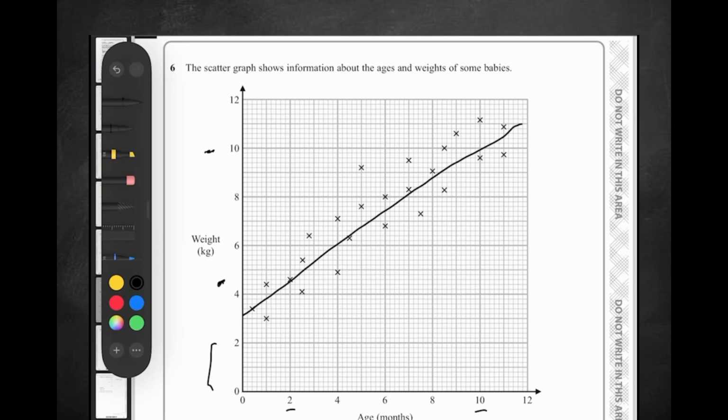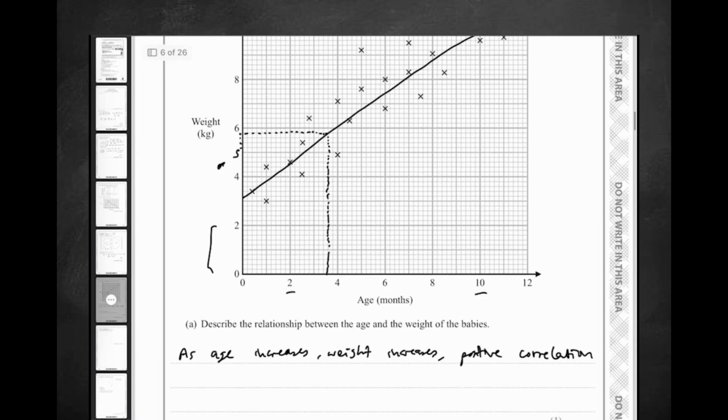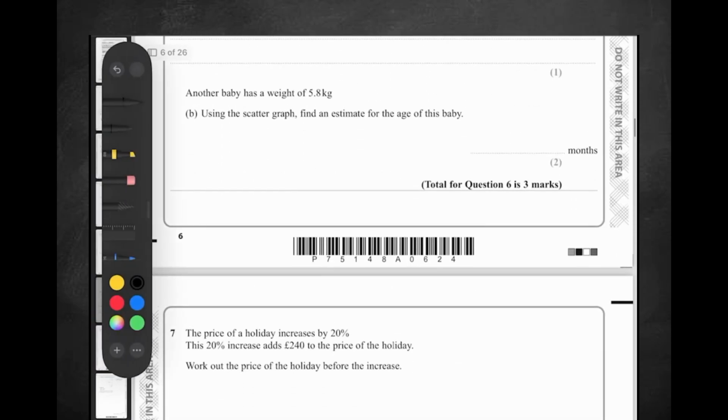So this here will be 5, 5.2, 5.4, 5.6, 5.8, and I'll just do a dotted line across. My estimate is going to be about here. And similarly, each square is 0.2, so that's the age of this baby, 3.6 months.